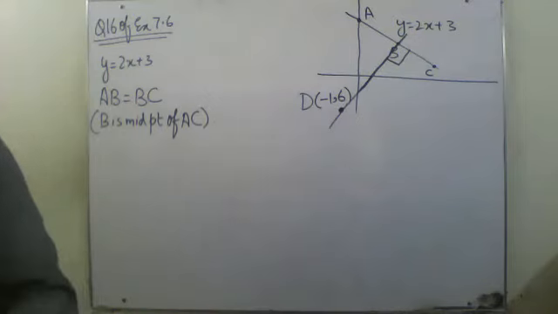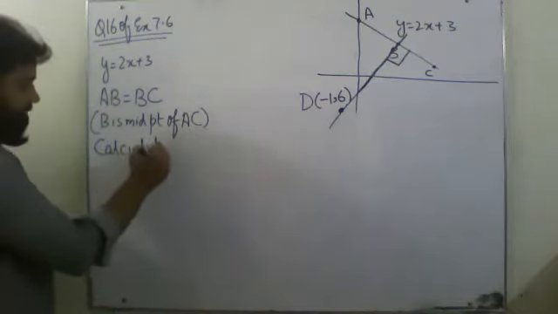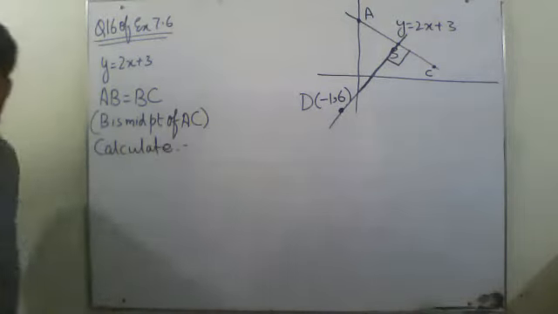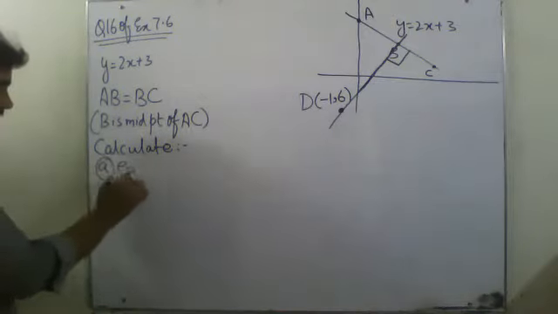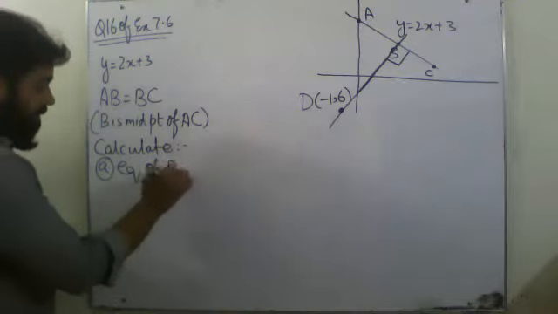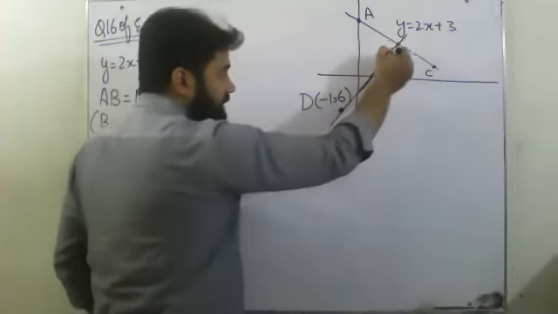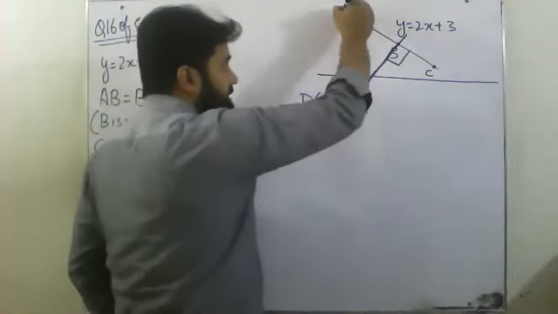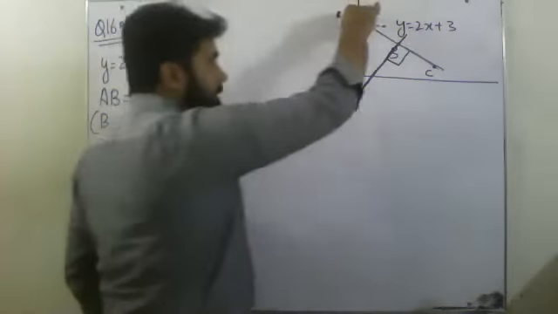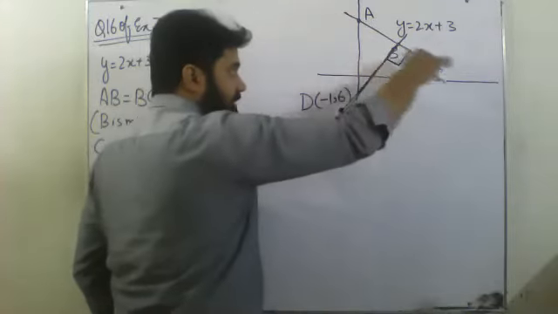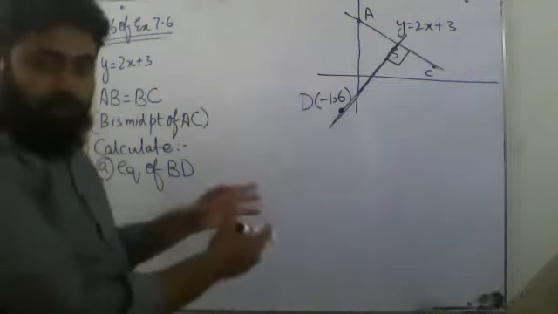Now we have to do some calculation. First thing they are saying is to find the equation of BD. I have to find the equation of this line which is perpendicular to this line. I'm going to solve it on the board.